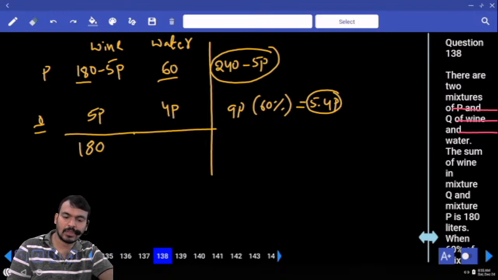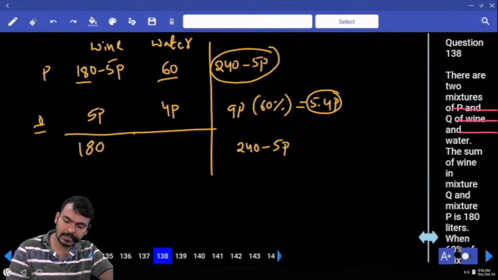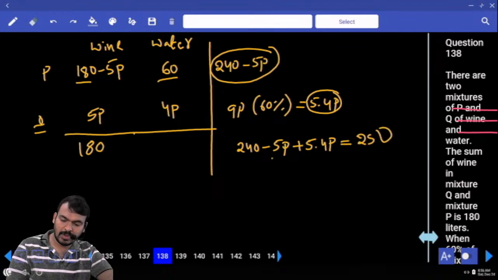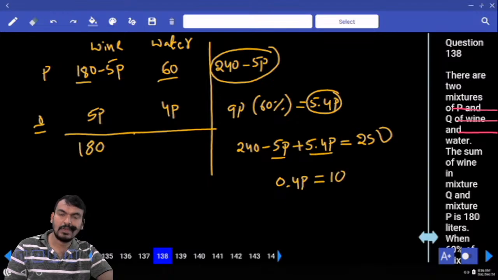These two added become 250 liters. Okay. 240 minus 5 parts plus 5.4 parts is equal to 250 liters. Yes or no? The difference between 5 and 5.4 is 0.4 parts, that is equal to 10.